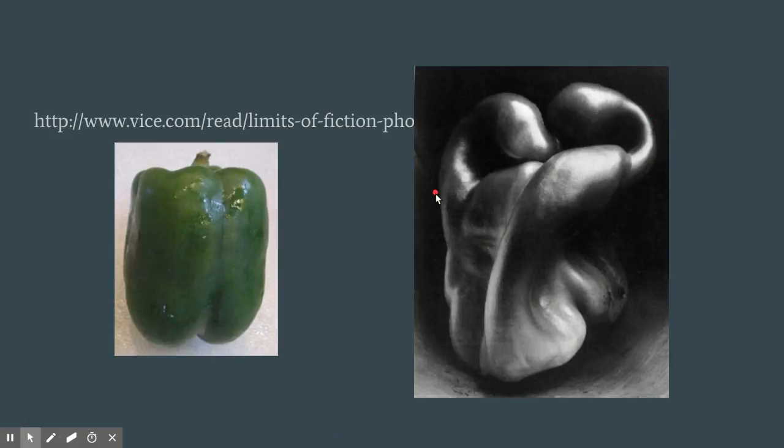If it was just floating in the middle, you'd have almost extra space around it and it wouldn't be activated. But here, because it's closer, it cuts up this background space in a more interesting way.